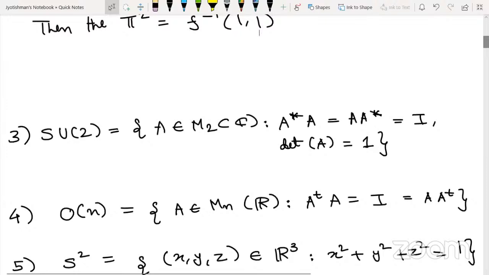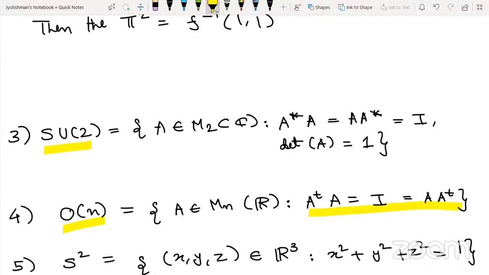Next, you have SU(2), which is the set of all 2 by 2 complex matrices which are unitary and have determinant 1. I also have the orthogonal matrices, which have real entries and are orthogonal.